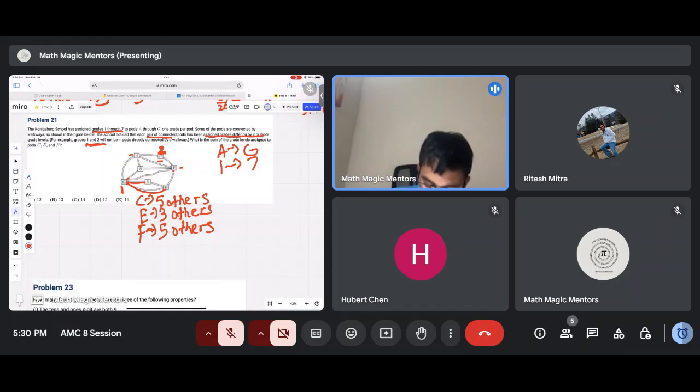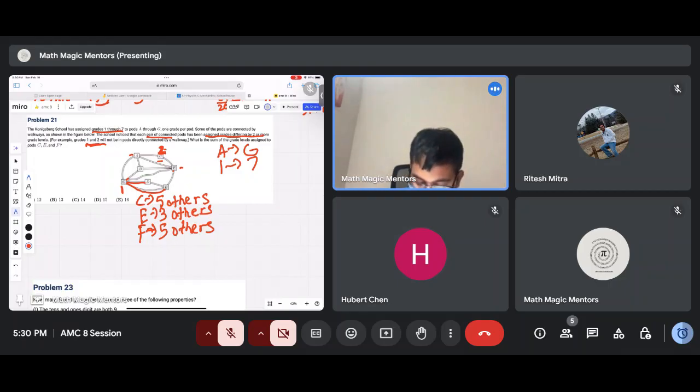If 2 is assigned to G, and C is connected to A, B, D, E, and F, and F has the same amount of connections, that means that C and F must be 1 and 7 in some order. So C could be 1 and F could be 7, or F could be 1 and C could be 7.